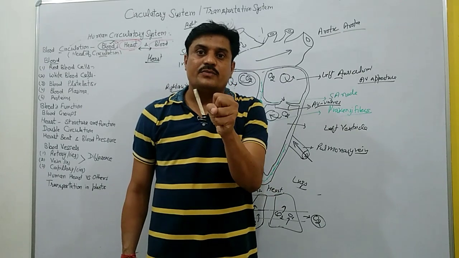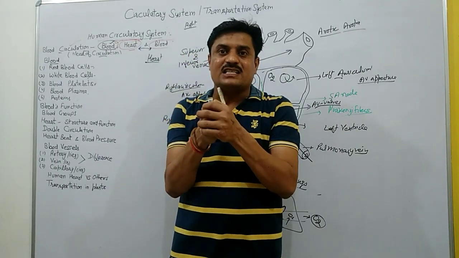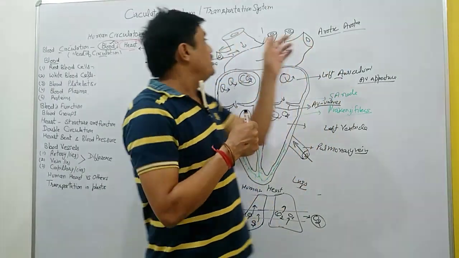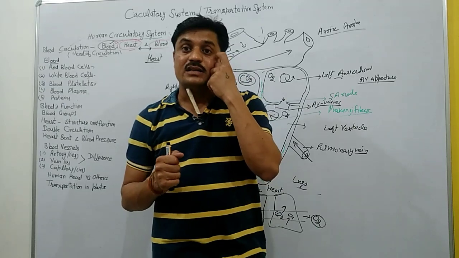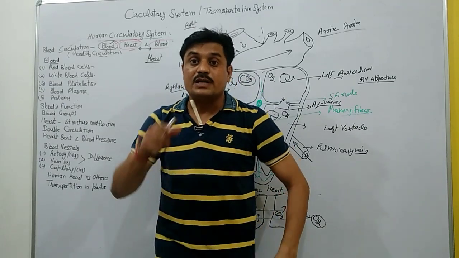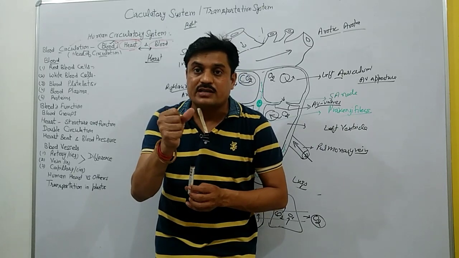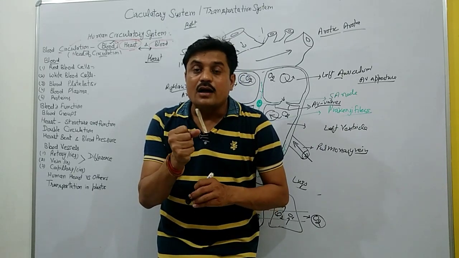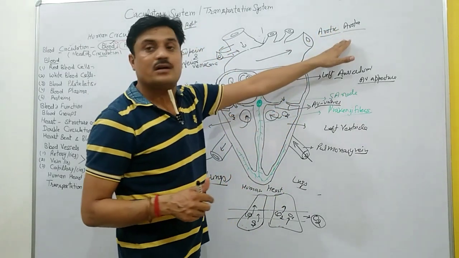Due to the contraction of the muscle, the pressure is exerted on the blood, and the blood is passed into the aorta with a high pressure, and this pressure is known as the blood pressure. This pressure which is exerted on the blood due to the contraction of the ventricle is called blood pressure. This blood pressure is maximum in the aorta.